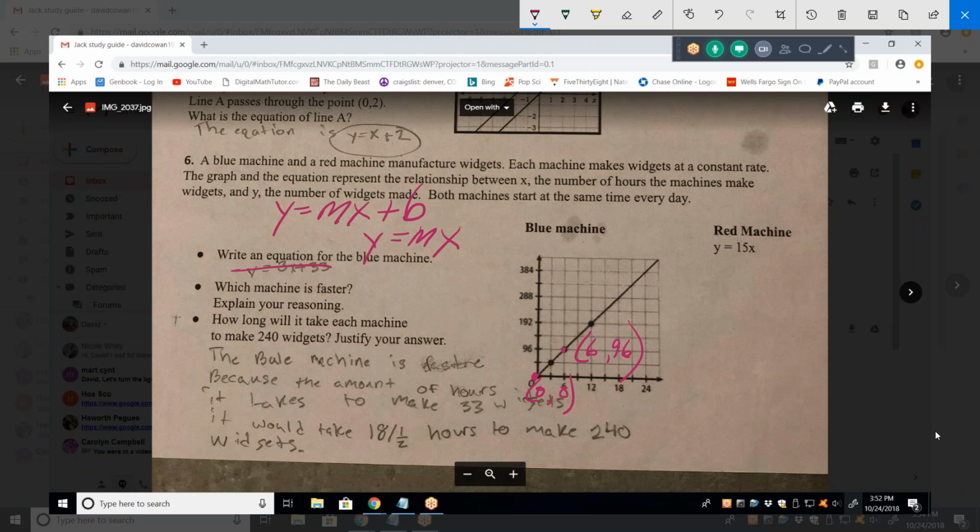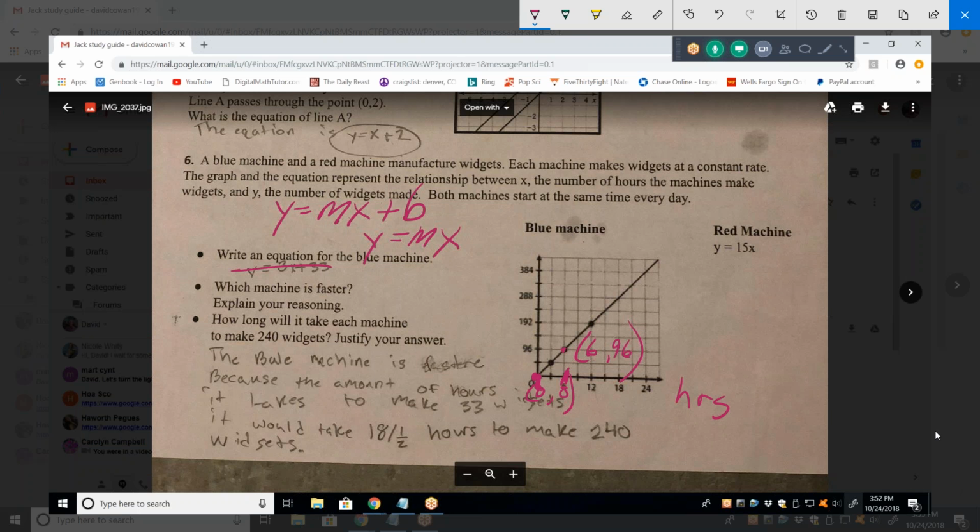Slope is rise over run. What's the rise? The rise is 96. And what's the run? The run is from here to here, and that is 6 units. Or 6 hours, I guess. This is in hours.